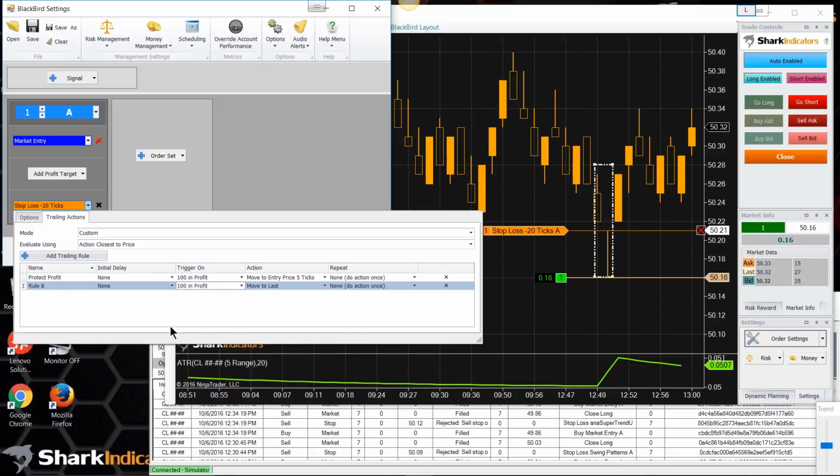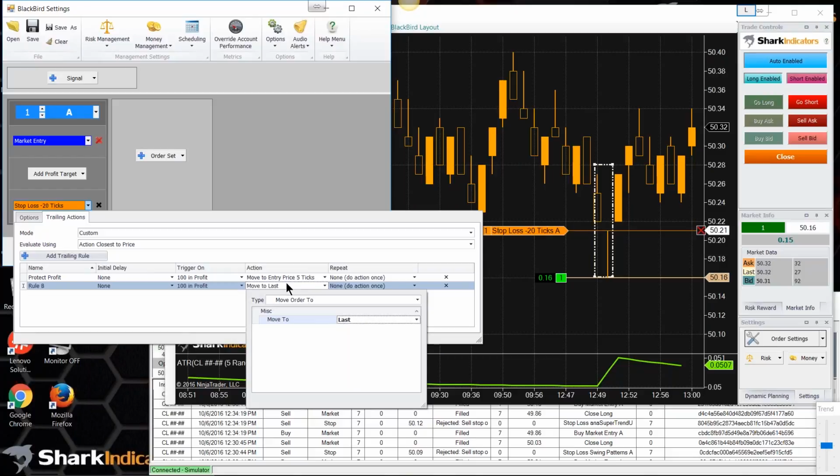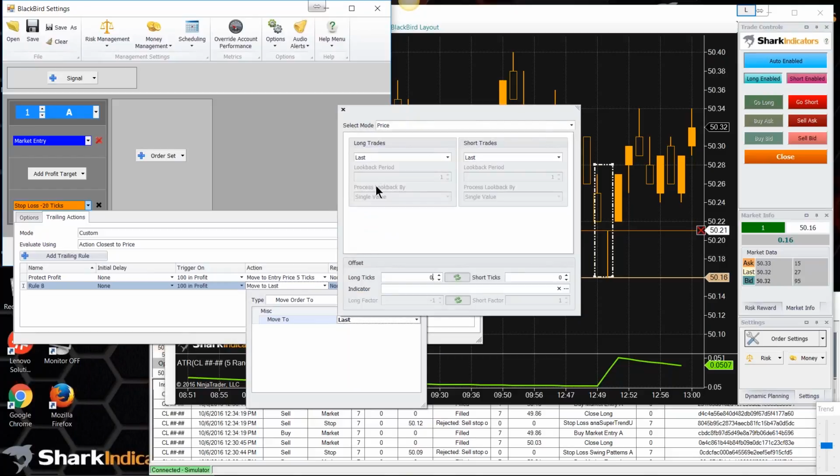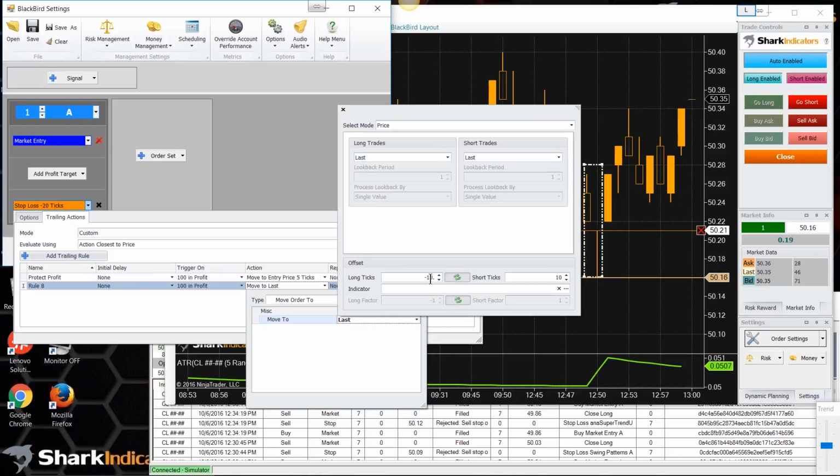All right, so after $100 in profits, we're going to move our stop loss. Okay, so we're going to base it off of the current market price, which is the last. And then let's say we want to turn it into just a 10 tick trailing stop loss. So we'll tighten up that stop loss from 20 ticks to say 10 ticks.